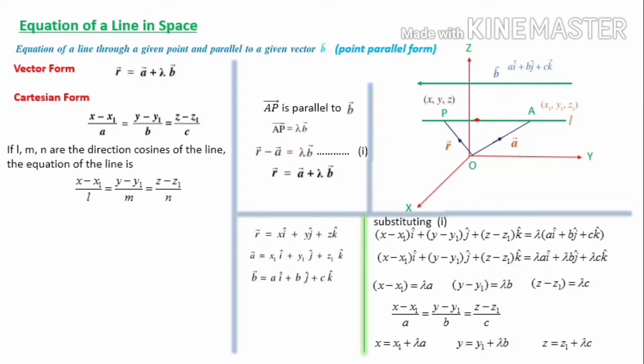And z is equal to z1 plus lambda C. These formulas can be useful if you are asked to calculate x, y and z. This is not for the examination point of view, but it is useful for solving questions if you know the procedure.